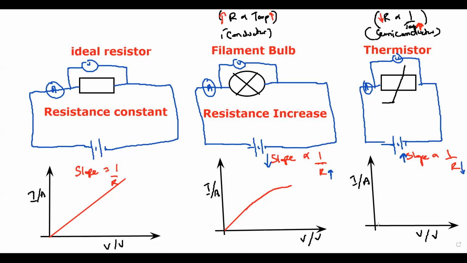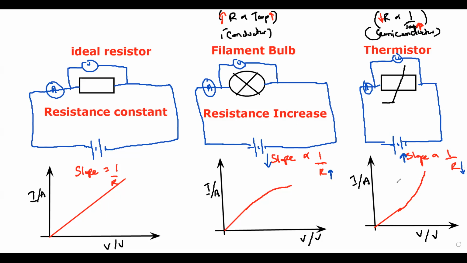So first the resistance was not changing, but then the temperature increases due to the current, and the increase in temperature reduces the resistance of a semiconductor. As the resistance decreases, the slope or the gradient of this graph will start to increase.